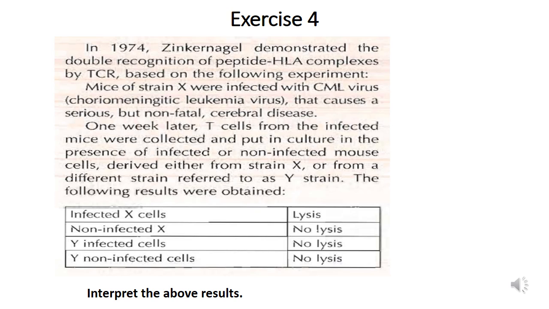Mice of strain X were infected with LCM virus, lymphocytic choriomeningitis virus, that causes a serious but non-fatal cerebral disease. 1 week later, T cells from the infected mice were collected and put in culture in the presence of infected or non-infected mouse cells derived either from strain X or from a different strain referred to as strain Y. The following results were obtained, and the question is: interpret the above results.